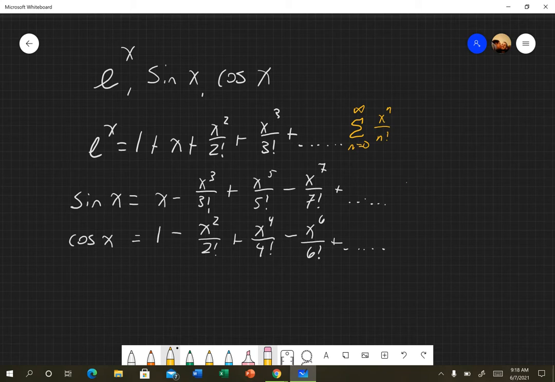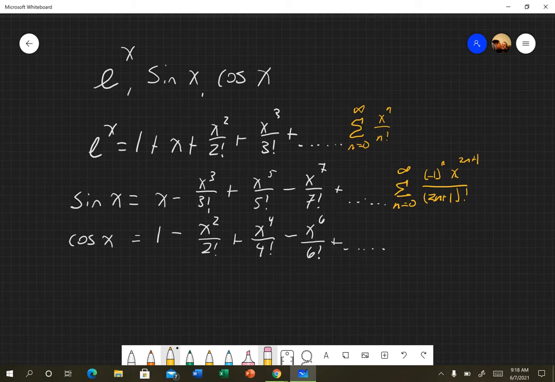And this is the summation n equals 0 to infinity of negative 1 to the n, x to the 2n plus 1, all over 2n plus 1 factorial.